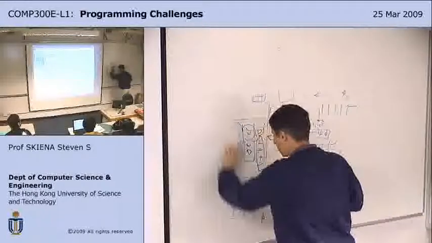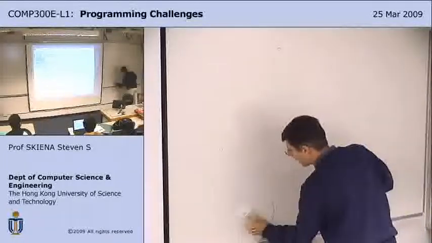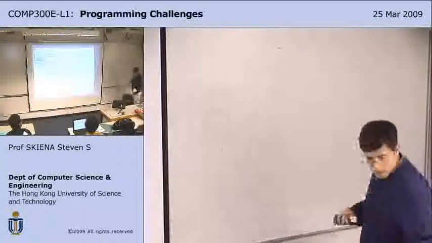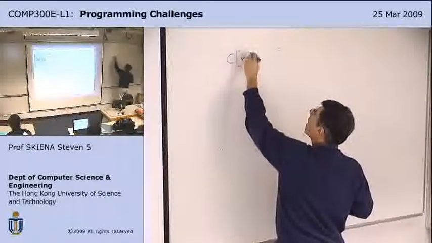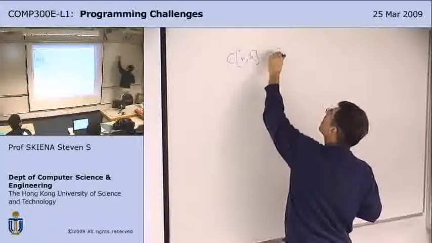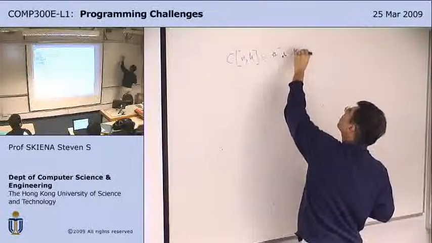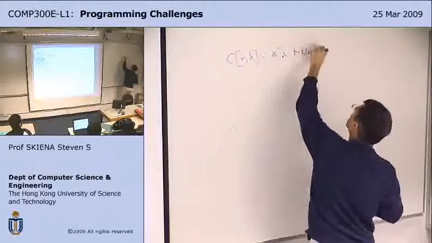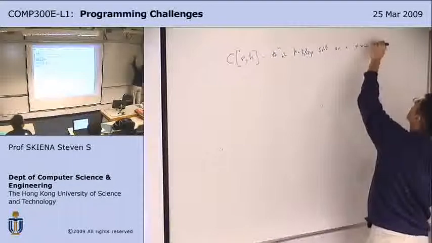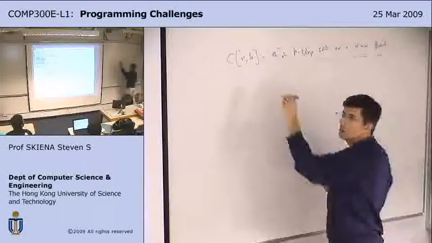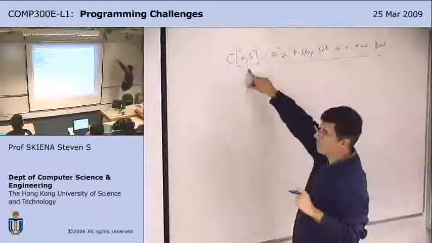Because it's counting something. How do we do a recurrence? Okay? Again, if I were to do it, I would say, by my methods, C sub nk is equal to the number of k bishop solutions on an n by n board. Does everybody see that? Is there any way I can break this thing down?